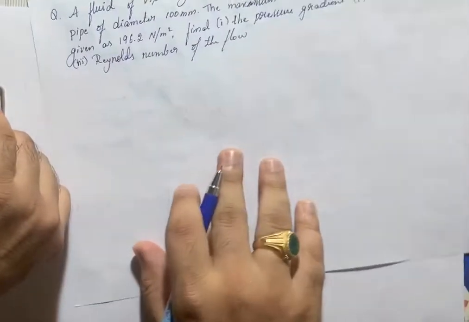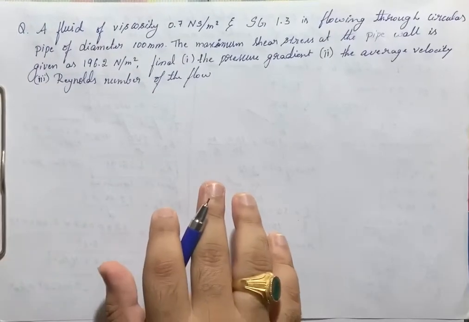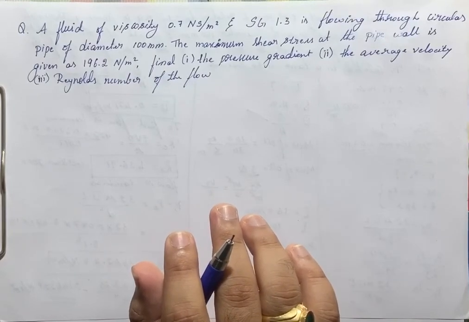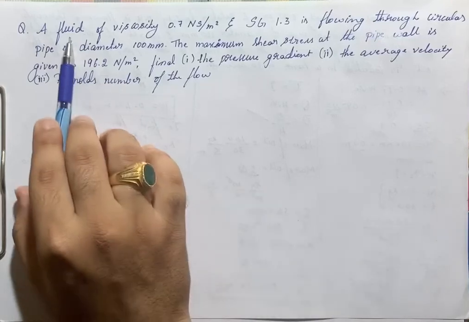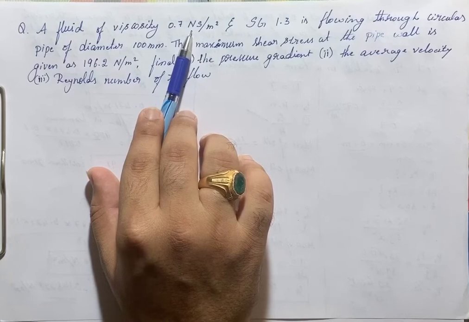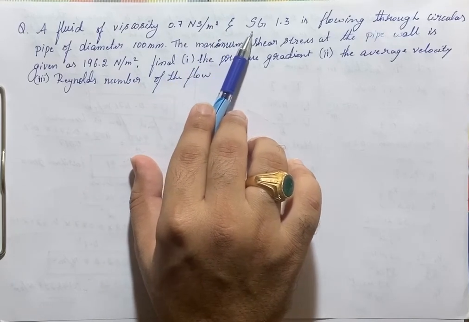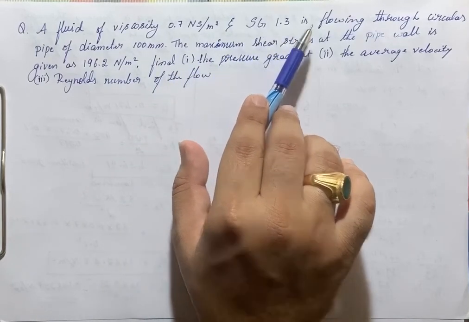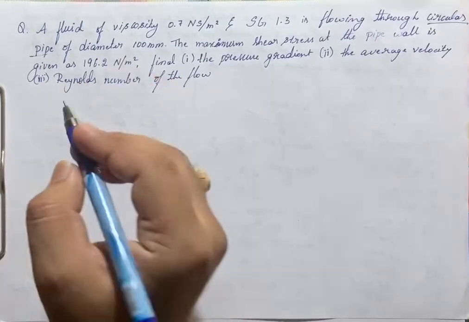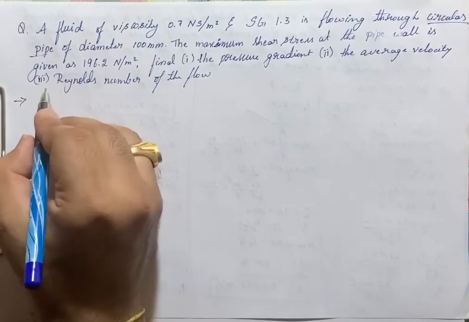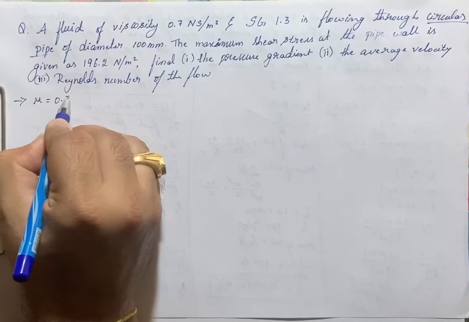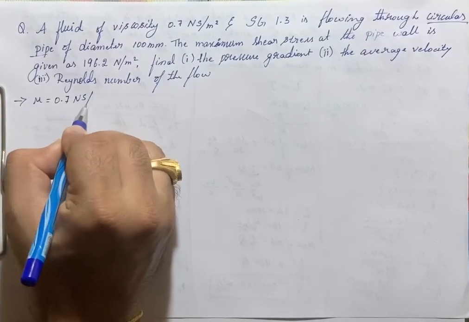Now I shall go with the next numerical. In this, what he has given here is a fluid of viscosity 0.7 Newton second per meter square and specific gravity 1.3 flowing through a circular pipe. You can underline this one, it's a circular pipe problem itself, right? Here he has given the fluid viscosity, mu is equal to 0.7 Newton second per meter square.